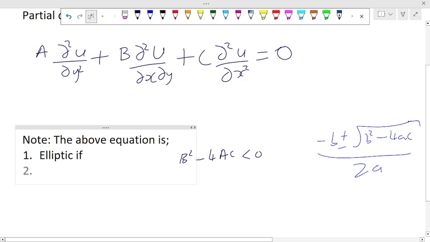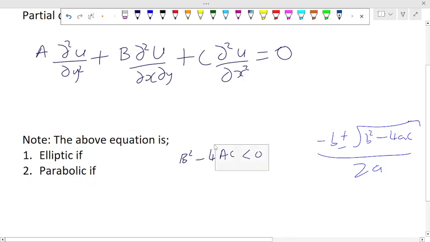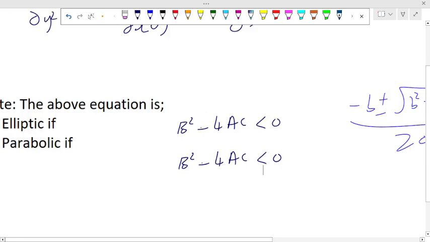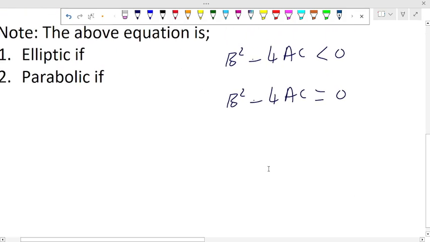The second thing is parabolic. It's parabolic if this is equal to 0, not less than, but equal to 0. Now I think you can guess the third one.